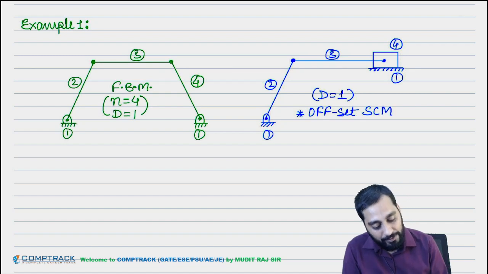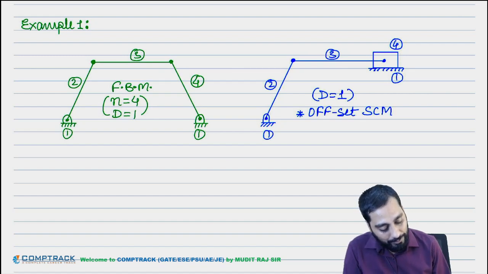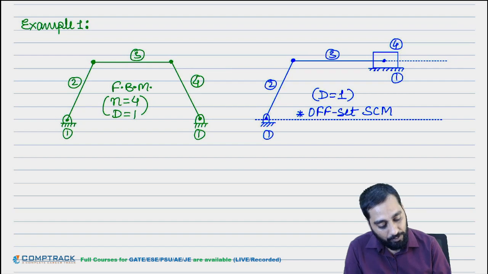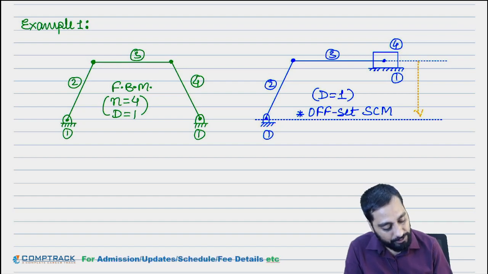Why offset? When the line of stroke of the piston is away from the center of rotation of the crank, it will be called offset. So this will be the value of offset.